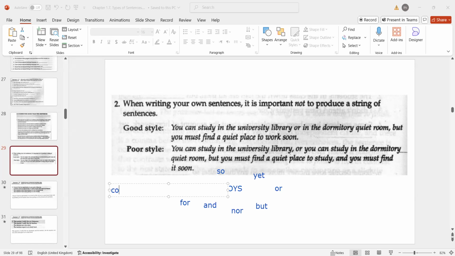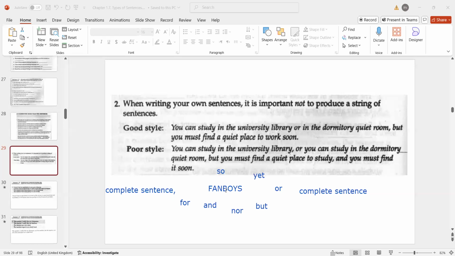Whenever you have a complete sentence, we add a comma before these coordinating conjunctions, and then we add the second complete sentence. But if you have a single word or phrase or a dependent clause, we don't need a comma. So when you have a complete sentence, you should use a comma before these coordinating conjunctions.